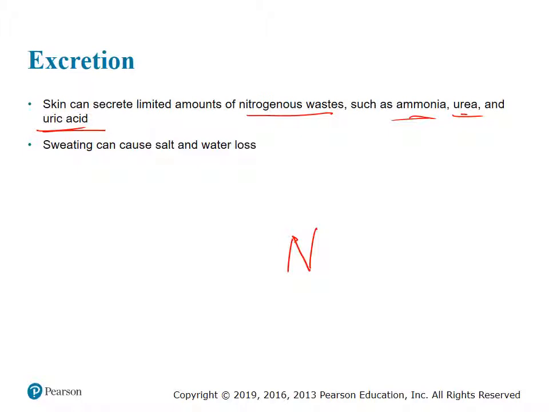Does that make sense? Now when you break down urea, you convert it from urea into ammonia. And that's why people's body odor can sometimes smell like ammonia, kind of stinky. Sometimes people wear a really light colored shirt and it has this yellow tinge to it. Those are the fats in that type of sweat, but also some of the ammonia as well.